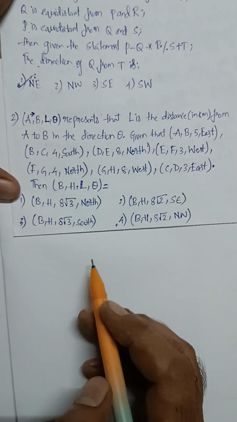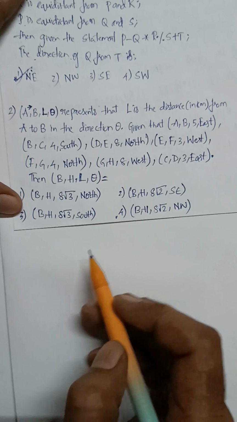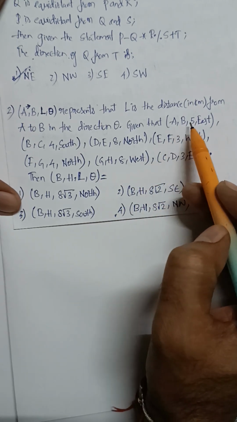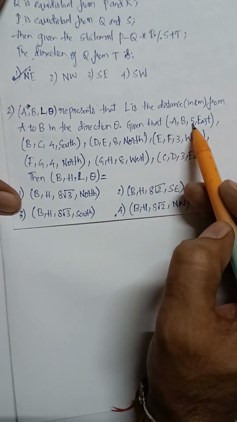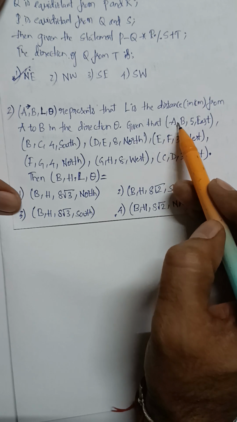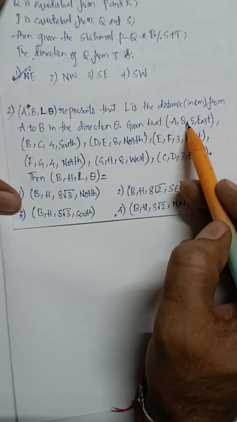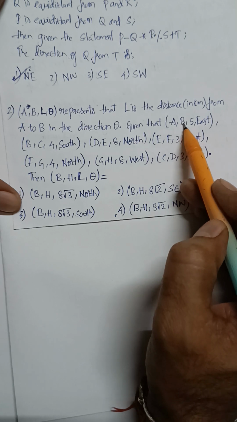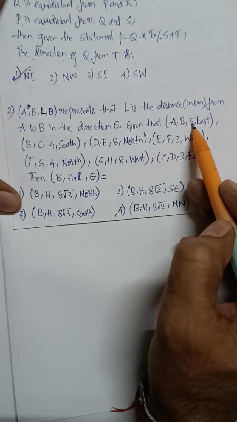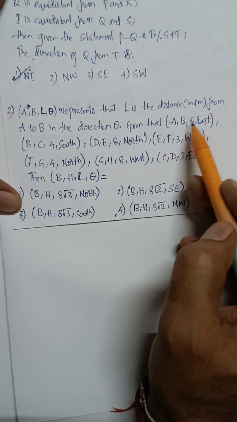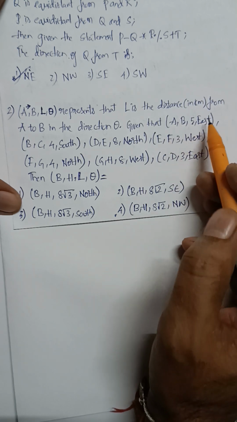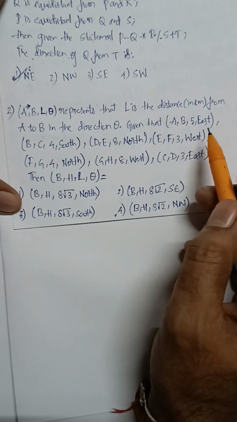Here we can assume that 5 is the distance between A and B. So what he is representing means B is 5 kilometers east of A.